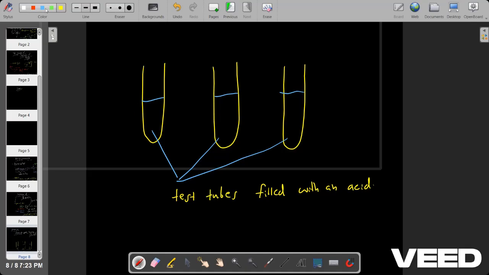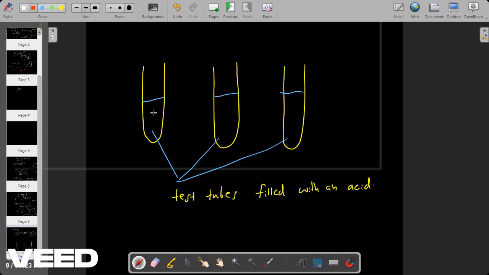And we placed metal strips: magnesium, iron, and here zinc.